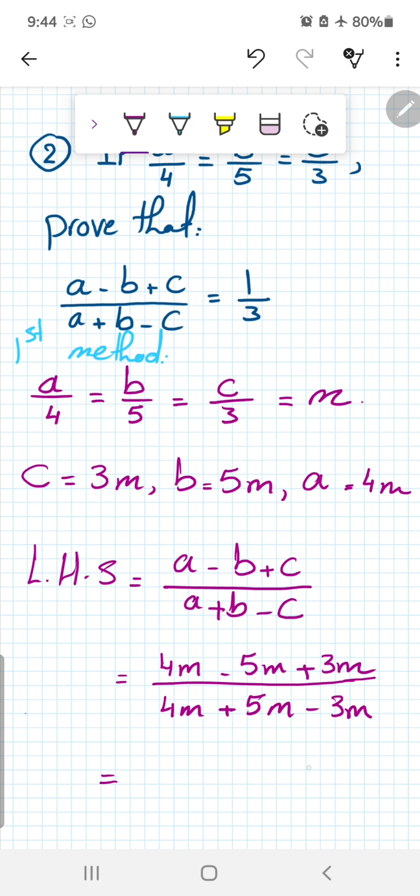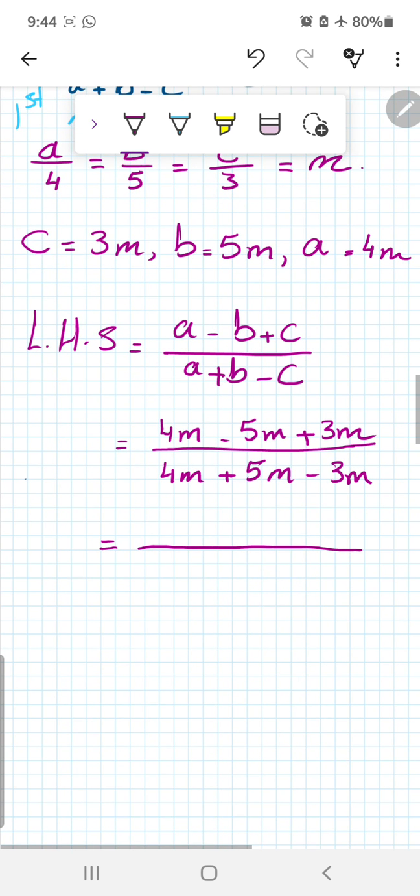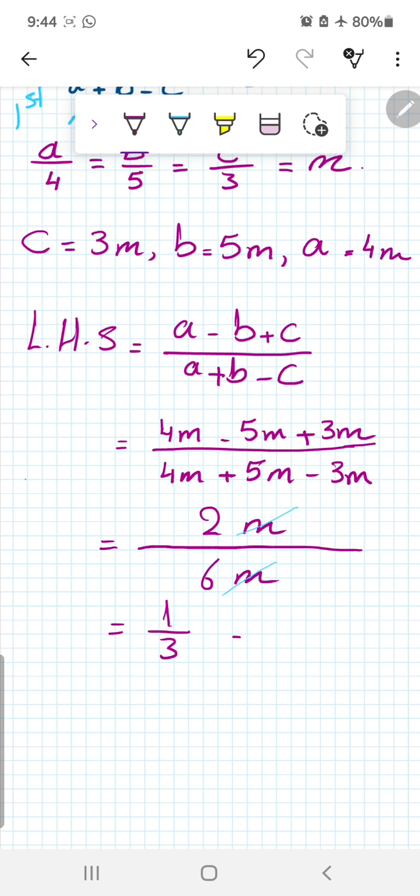Okay, don't cancel m yet. First simplify and get a common factor. The first, 4 minus 5 plus 3 equals 2m, and 4 plus 5 minus 3 equals 6m. Here cancel m with m, so the result will be 1 over 3, which is the right hand side.